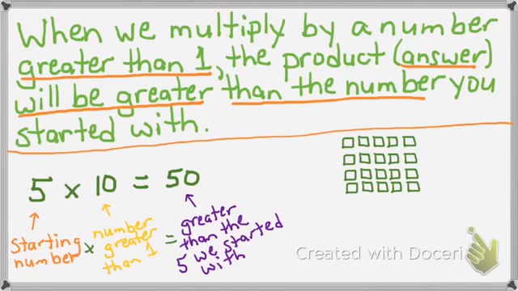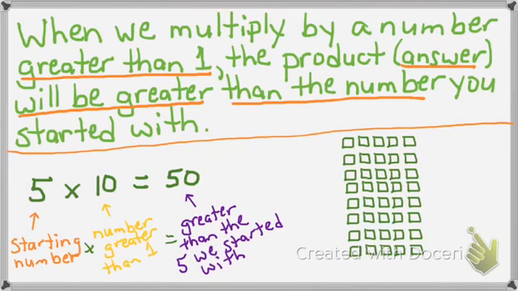The fourth set of 5. The fifth set of 5. The sixth set of 5, the seventh, the eighth, the ninth, and one more set of 5, the 10th set of 5. So I have 5 10 times.